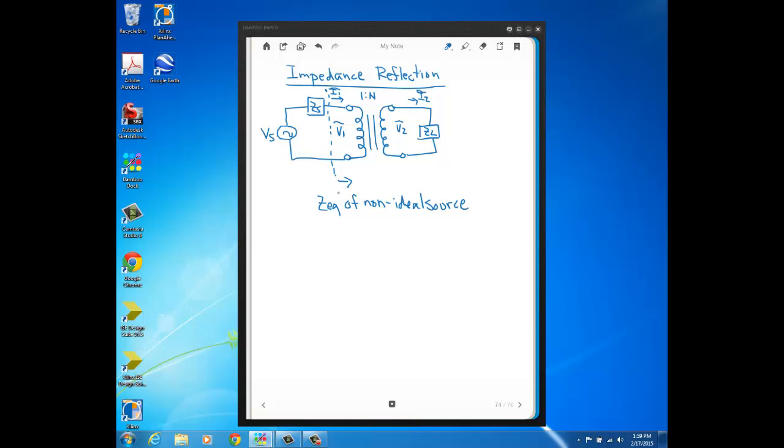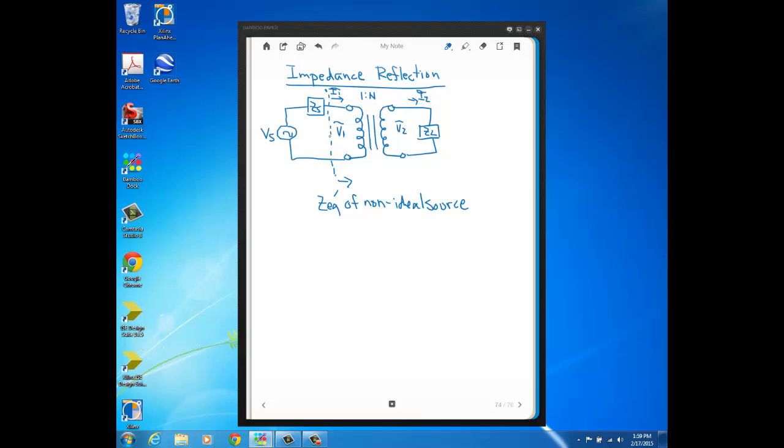Okay, and we're going to denote it with the prime just because that's what the book author does. So this Z equivalent does not include the Zs of the source. It's the Z equivalent to the right of this dashed line.